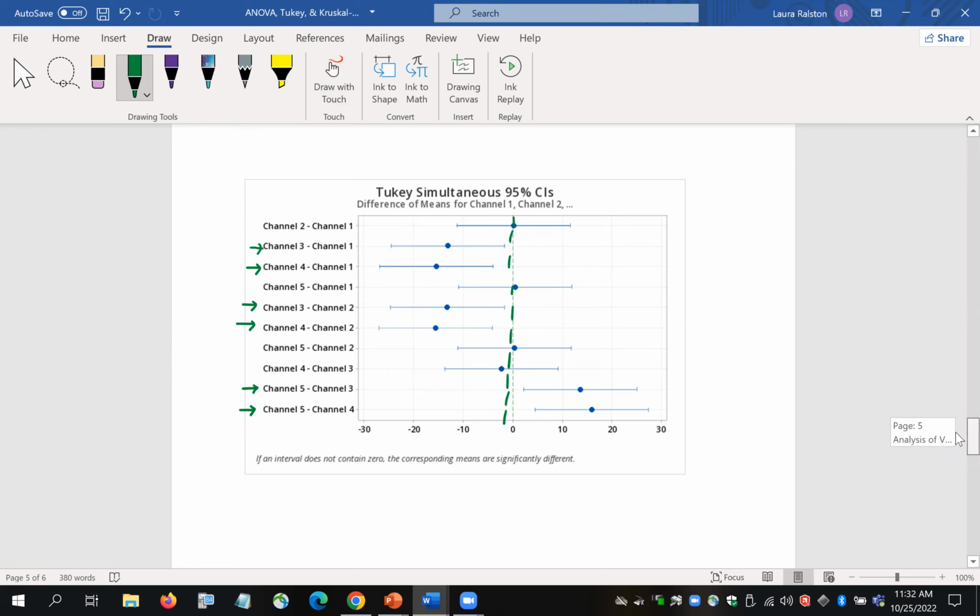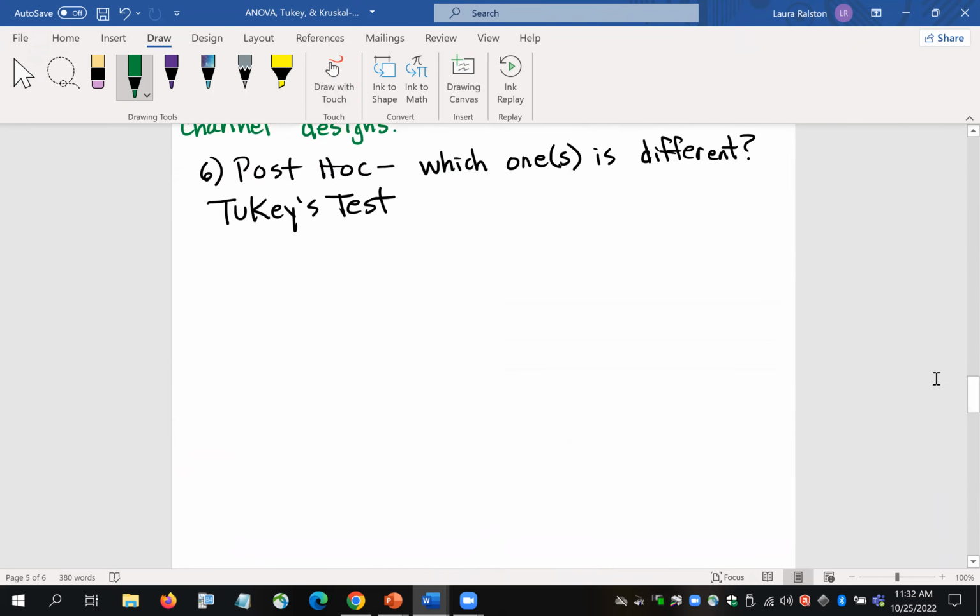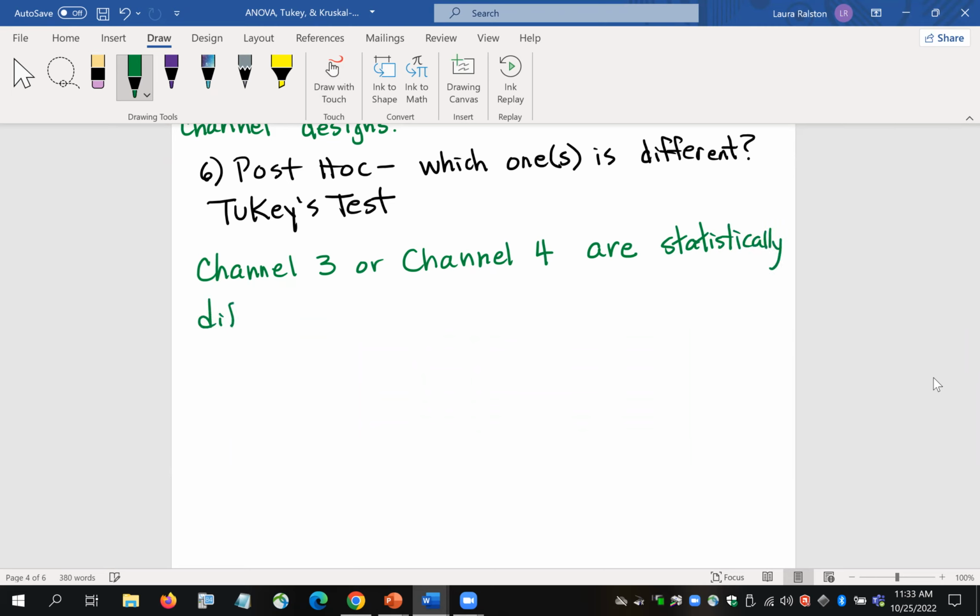So we would conclude that channel 3 and channel 4, we probably could use an and there as well, are statistically different from channels 1, 2, and 5.